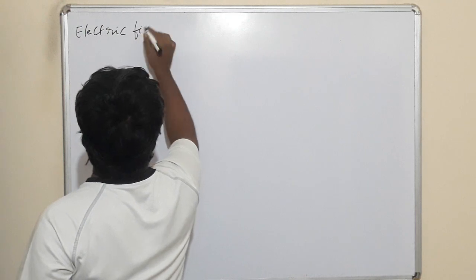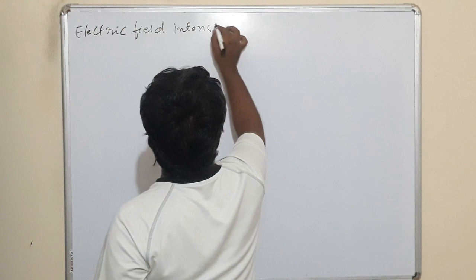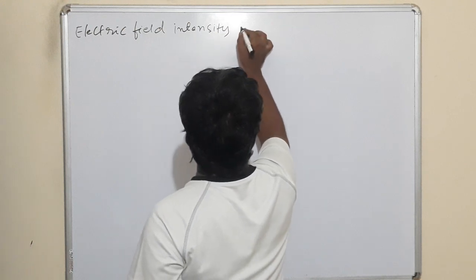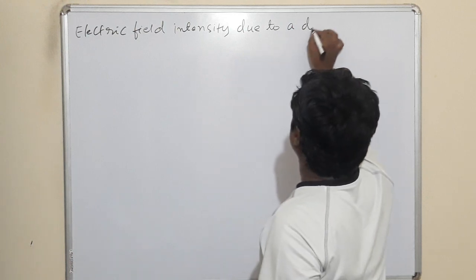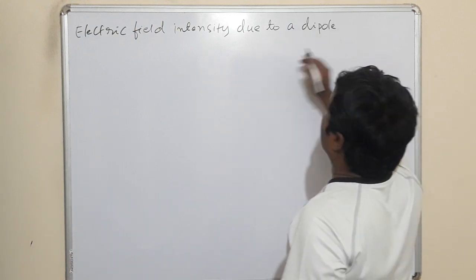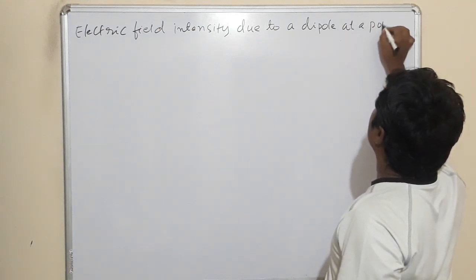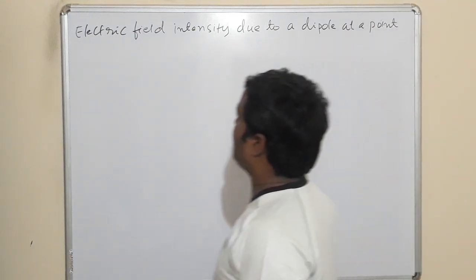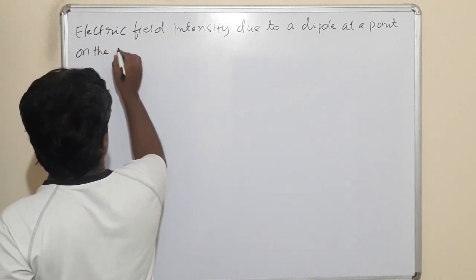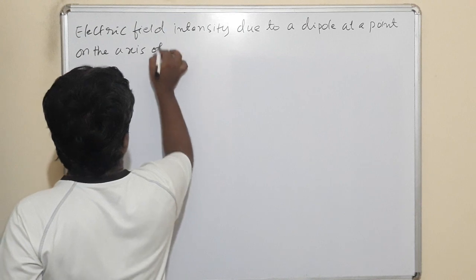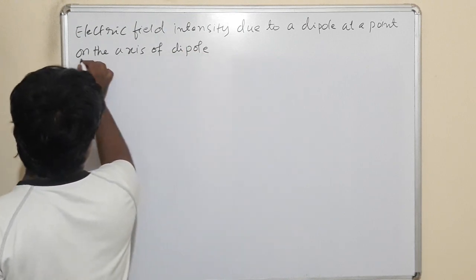First I will take electric field intensity due to a dipole at a point on the axial line, or you can take it as axis of the dipole.